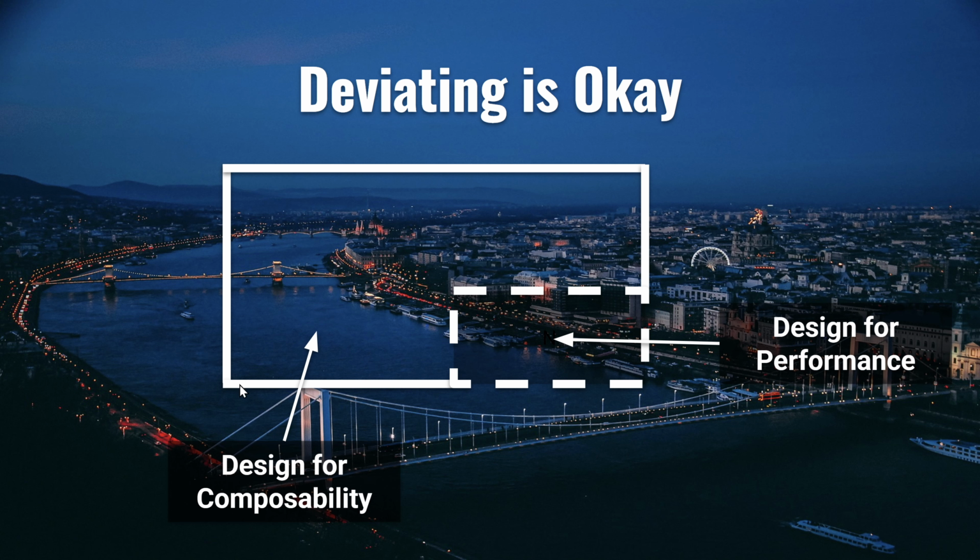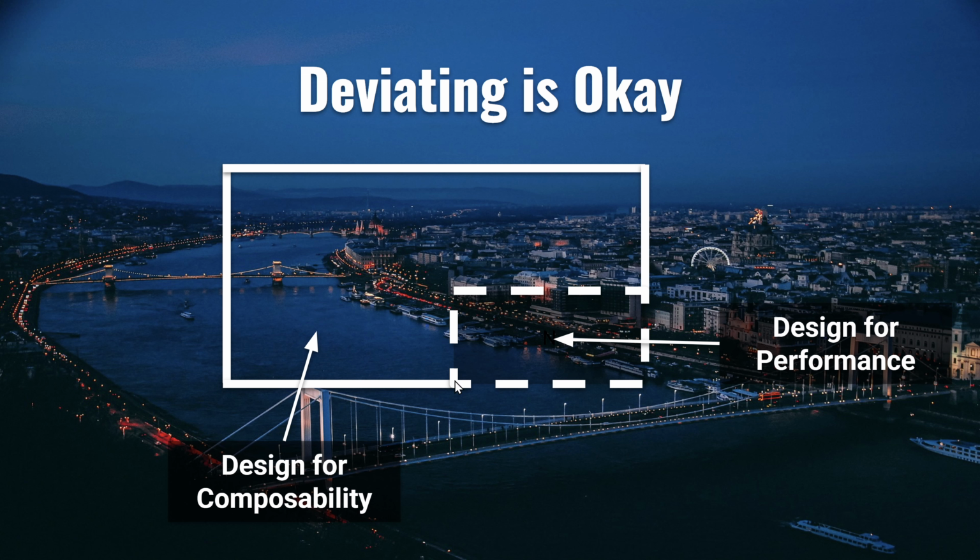Here, reuse is the most important design factor, beyond, of course, the functionality of the system itself. But maybe we have a corner here in which the most important design factor is performance. And sometimes when designing for performance, we have to deviate from the composability principles described in this video.